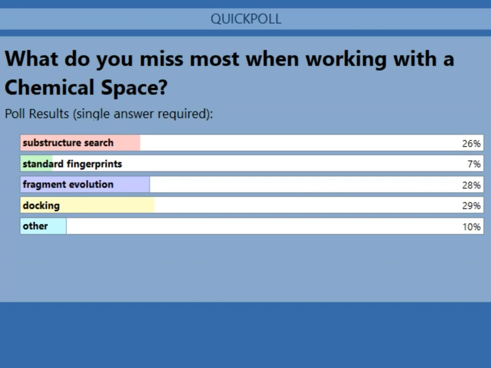So apparently, a very head-to-head competition between docking, the winner here, and fragment evolution, also in the 3D design arena, I would say, but then also of strong interest seems to be the substructure search, and others side by side with standard fingerprints.